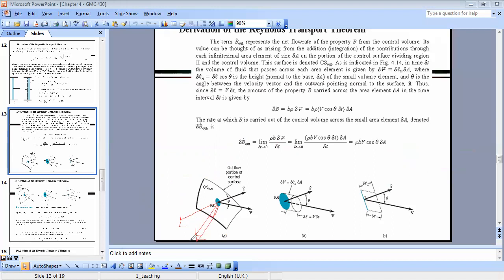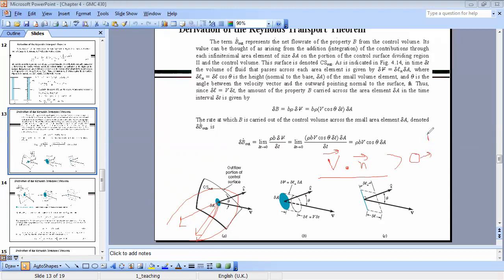Then this is an inlet. This is why just by putting v dot n, you will always get the result. It's a general formula for an inlet and an outlet, because for an inlet v dot n is negative, and for an outlet, v dot n is positive.